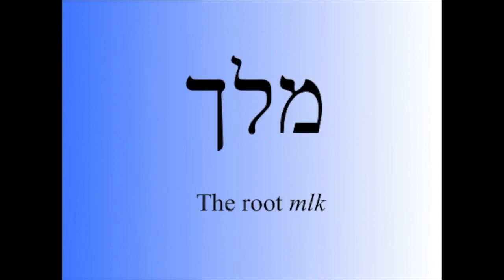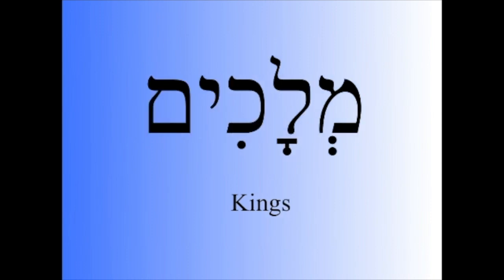For example, here we have the root mem, lamed, kaf. Now, with a particular vowel pattern, it becomes a noun meaning king. Or in the plural, kings.